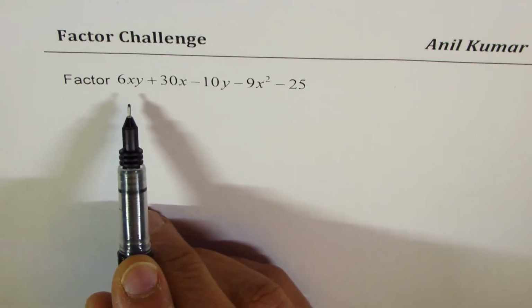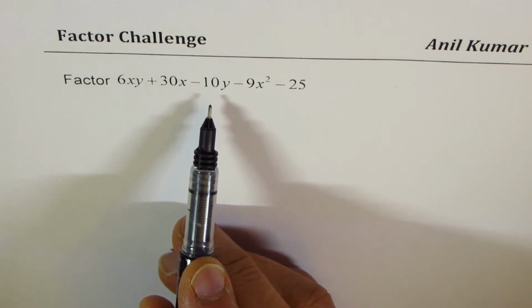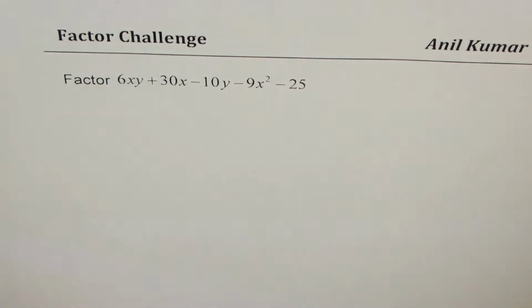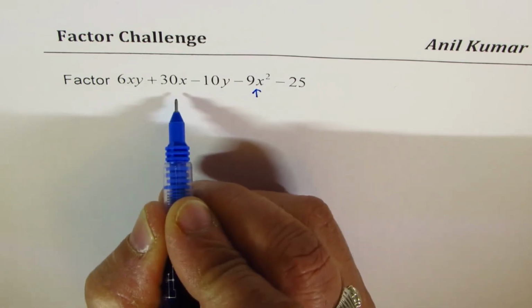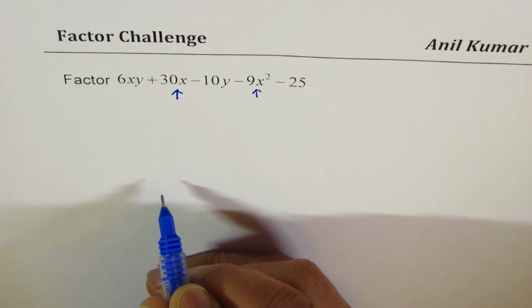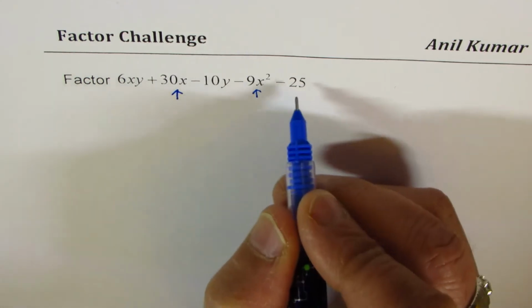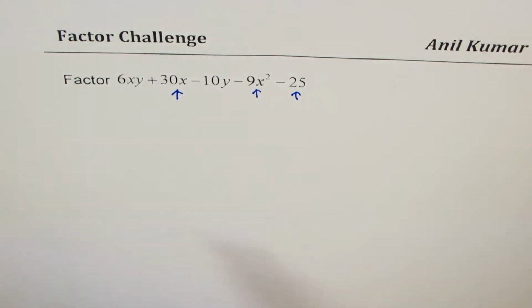So whenever you have more than 3 terms, we try to group them. Now how should we group? That is a big question. You will note in this particular case that we have an x squared term, and this could be combined with a few terms which have x in it, especially the 30x and 25, leaving aside the other 2 terms.